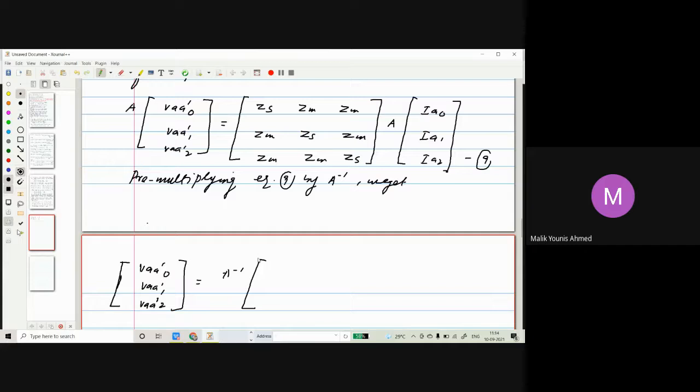Okay, let me write it: ZS, ZM, ZM, then ZM, ZS, ZM, then ZM, ZM, ZS, and the A matrix multiplied by the symmetrical values of the currents. So let's solve it now.